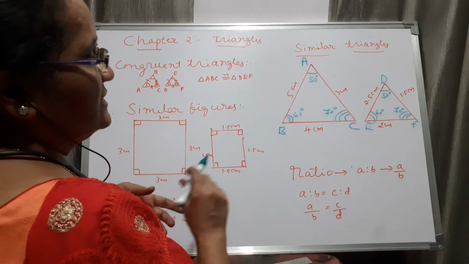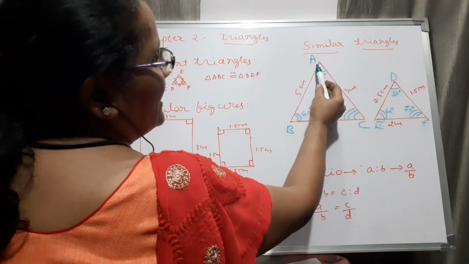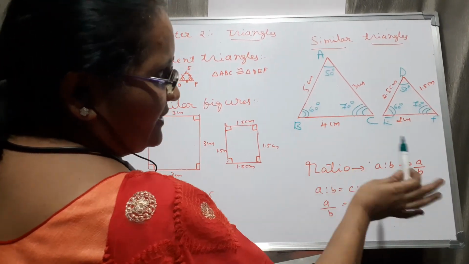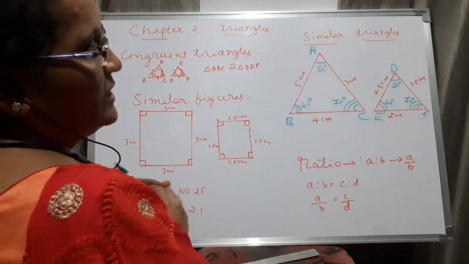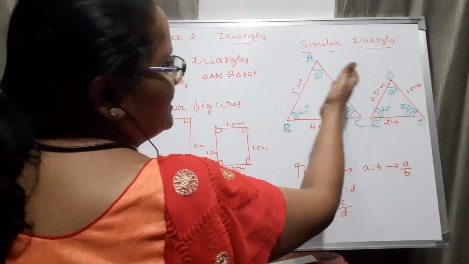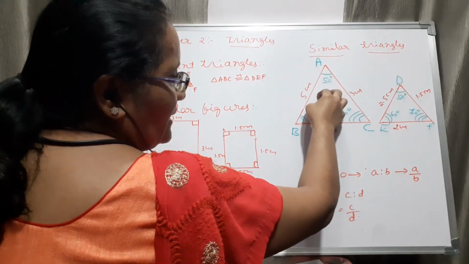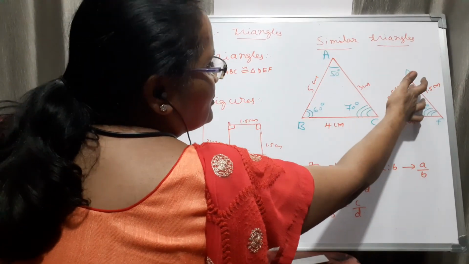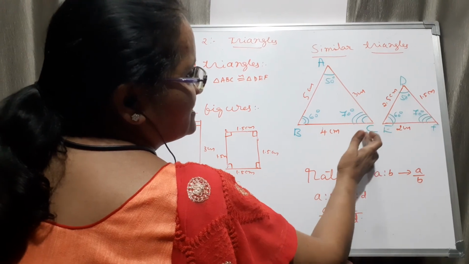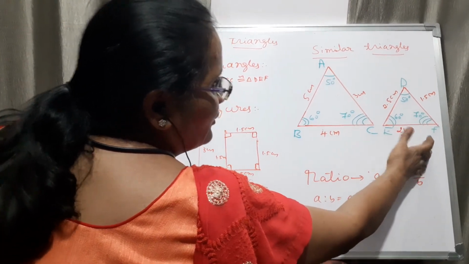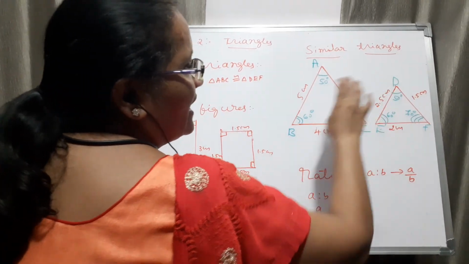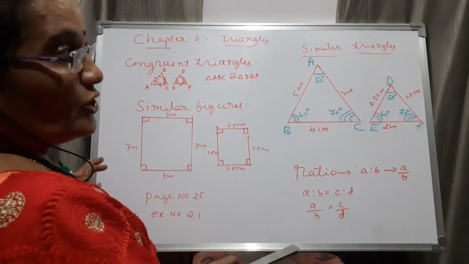Now come to the sides. The sides are different, they are not equal. Now, if we keep DEF on ABC, A corresponds to D, B corresponds to E, C corresponds to F. Therefore, AB and DE are corresponding sides, not equal sides.